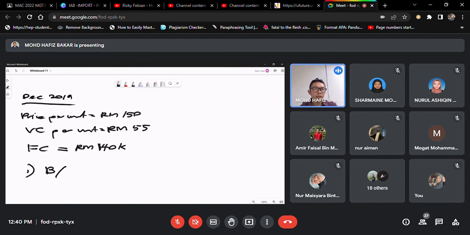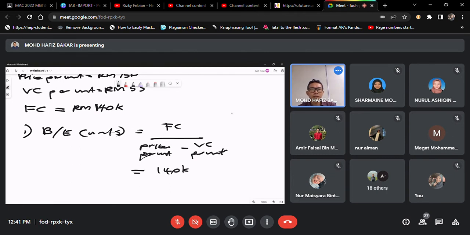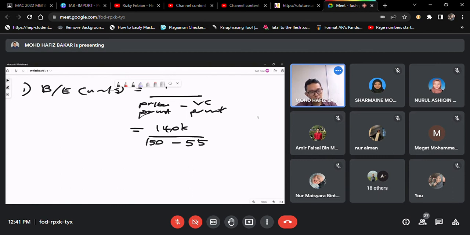So let's calculate. They ask you to calculate the break-even point in units. Recall, what is the formula for break-even point in units? Fixed cost divided by price per unit minus variable cost per unit. So fixed cost is 140k divided by price per unit RM150 minus variable cost RM55. 150 minus 55, RM95.